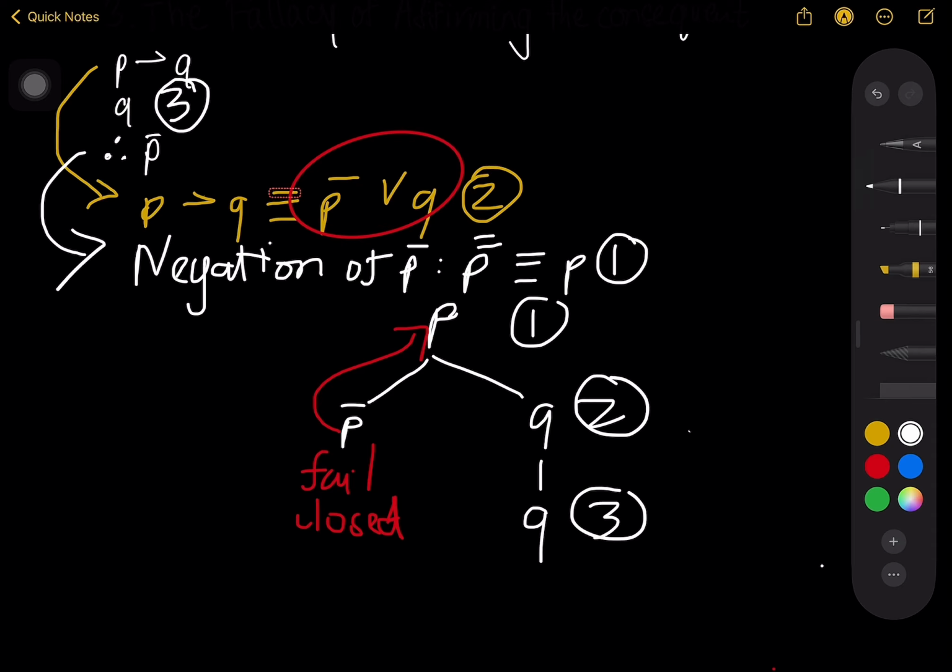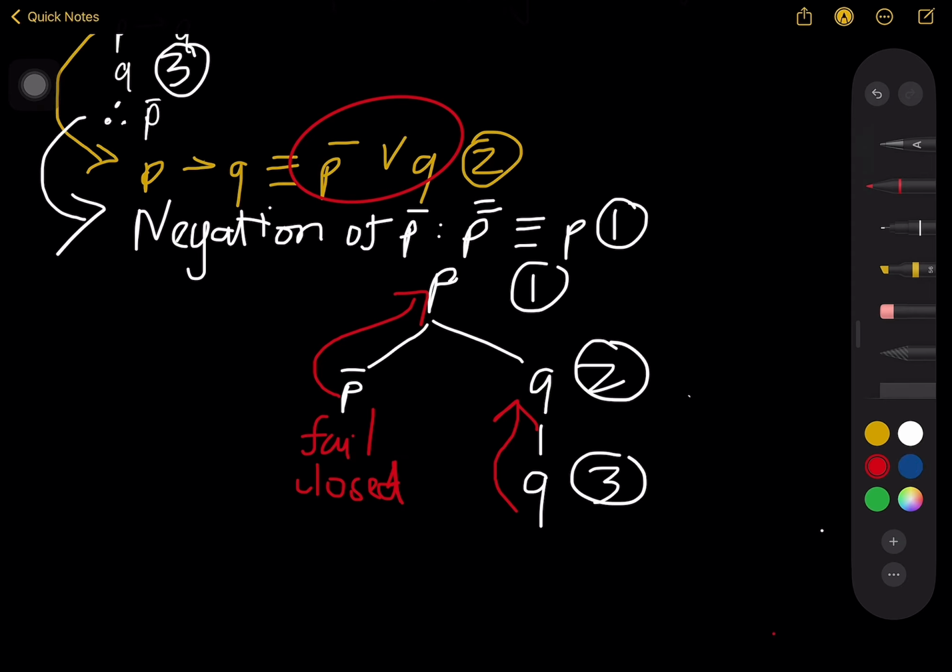There is no contradiction. You'll see over here we have Q up to Q. There is no negation. So we're going to say this branch is open.